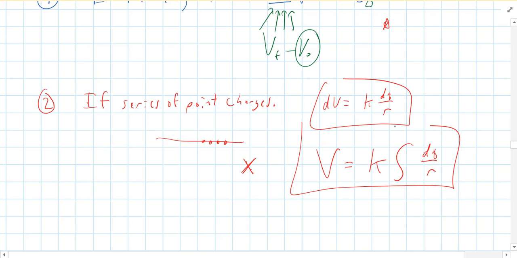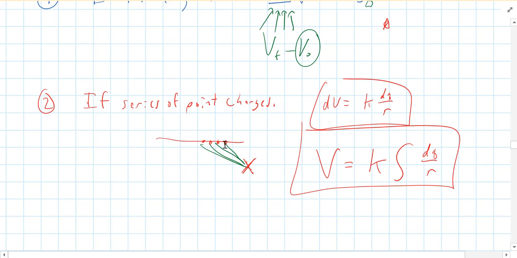So this relies on us figuring out charge as a function of radius. Remember, radius in this case would be like this, and this. Obviously, the radius varies here in that particular example.